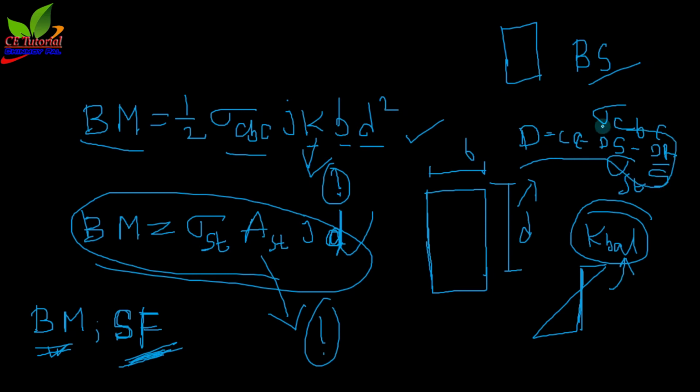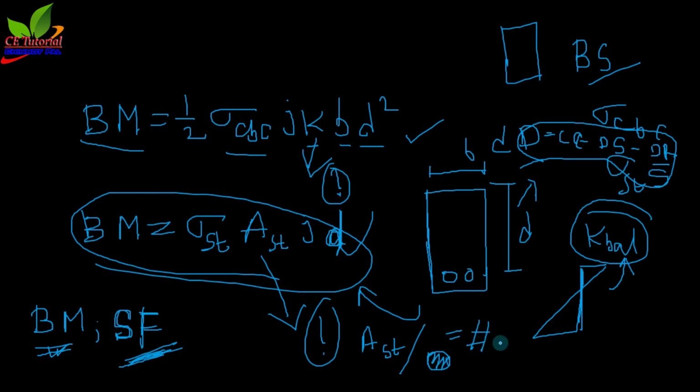Now you can get the D value, and you can calculate the AST from this equation. Now if you divide this AST by the area of one reinforcement, you can get the number of reinforcement.